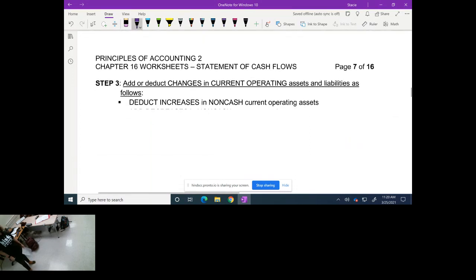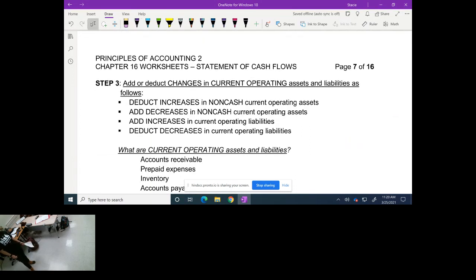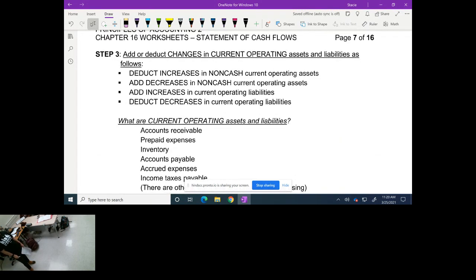So on the next step, we're going to add on to what we just did. So we're going to look at what's a non-cash asset. Land. Yeah, just in general, anything but cash.